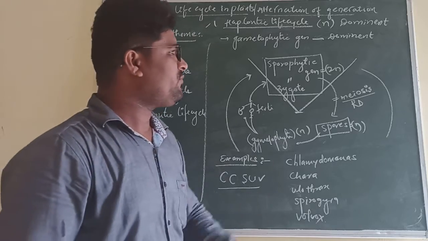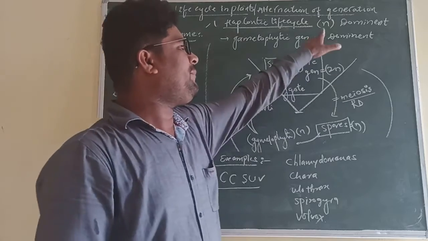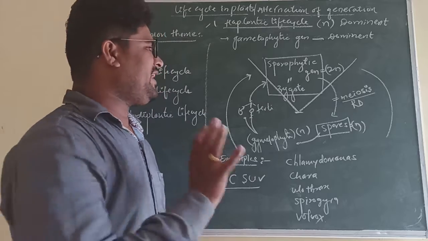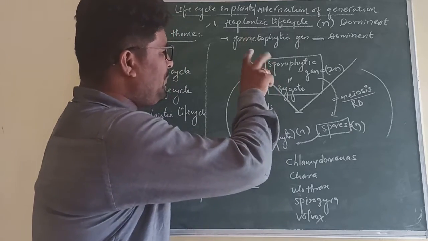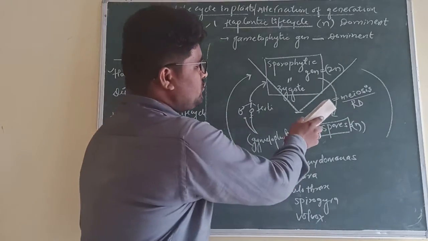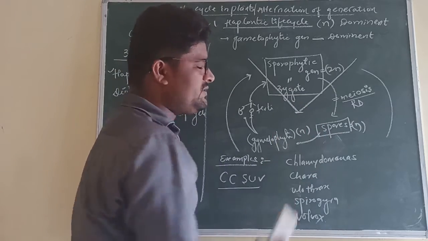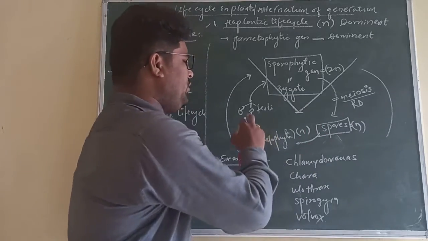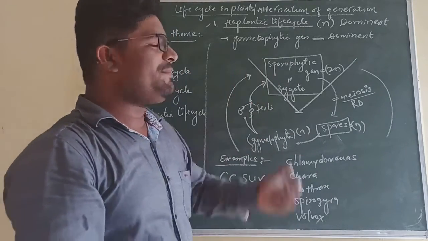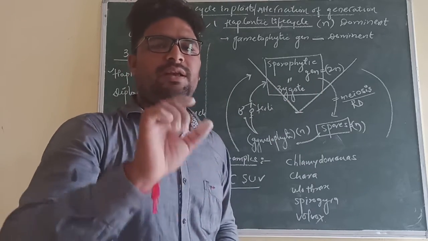Once more we will take a review. In haplontic life cycle, the haploid stage is dominant. When the haploid stage is dominant, it means it persists for a longer period. After formation of the zygote, it grows into gametophyte, and gametophyte again by fertilization forms zygote. So the diploid stage persists only for a very small period.